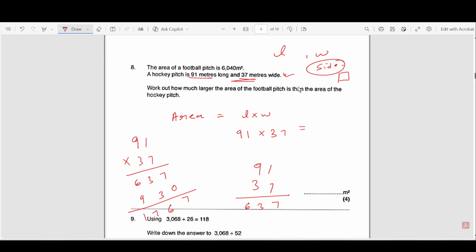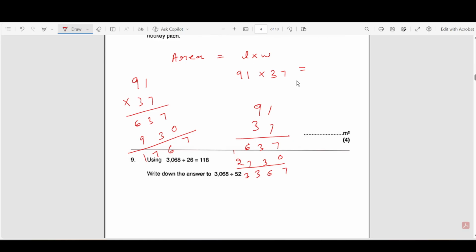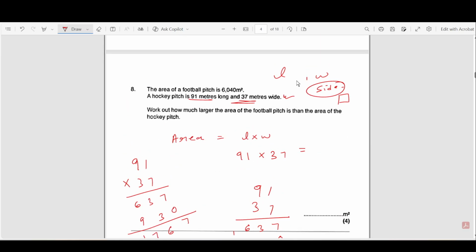Then 3 times 1 is 3. Oh yeah, sorry, 3 times 9 is 27. So if I add them, 7, 6, and this is going to give me 3, 1 carried over, 3. So I got 3,367. That's the area, meter square.